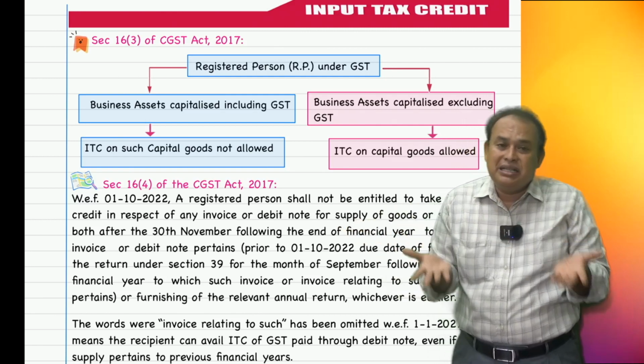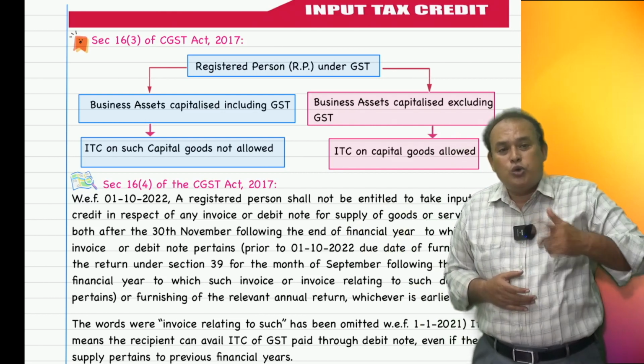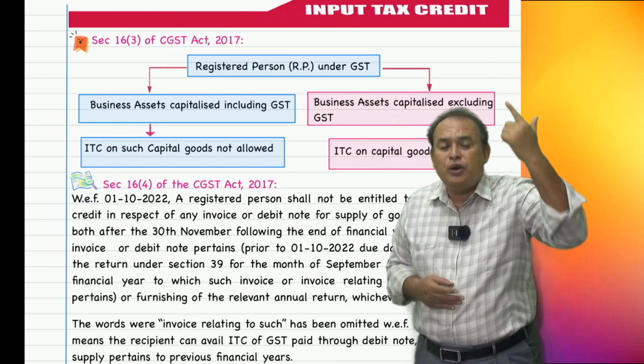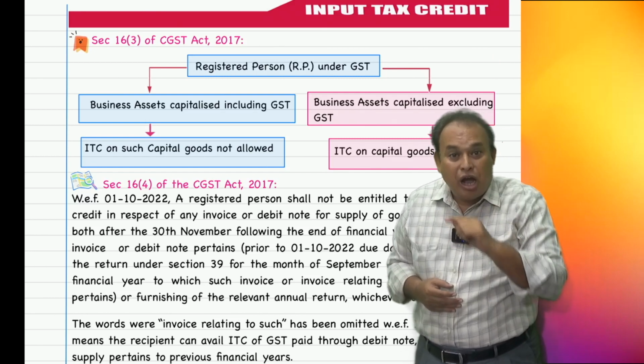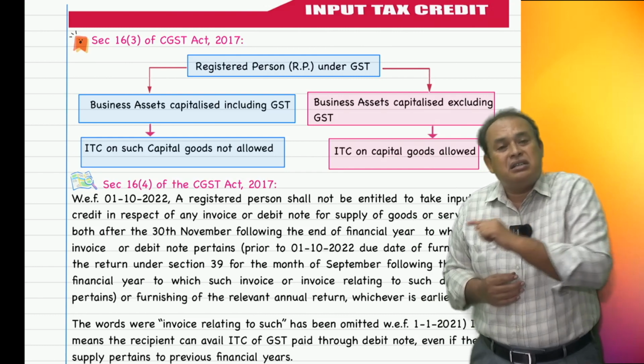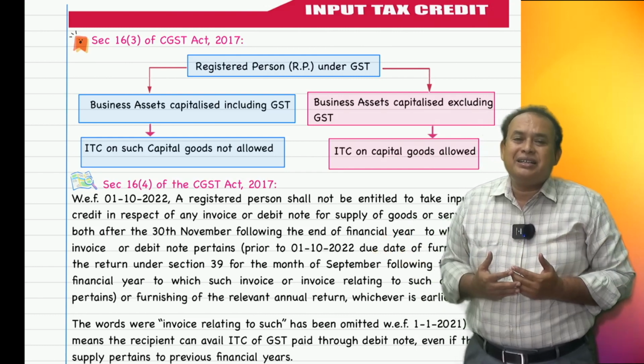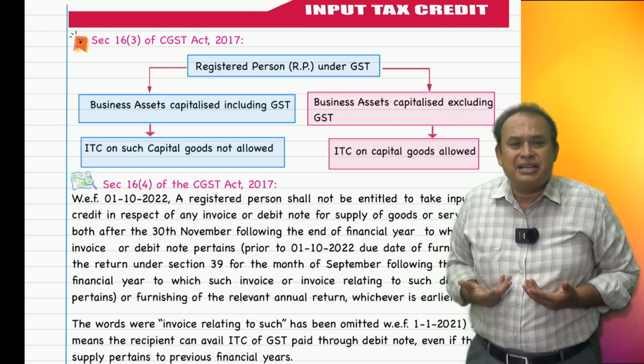Capital goods remain in India within the factory of a supplier whose outputs only go outside India. Therefore, input tax credit on capital goods never qualifies for refund.